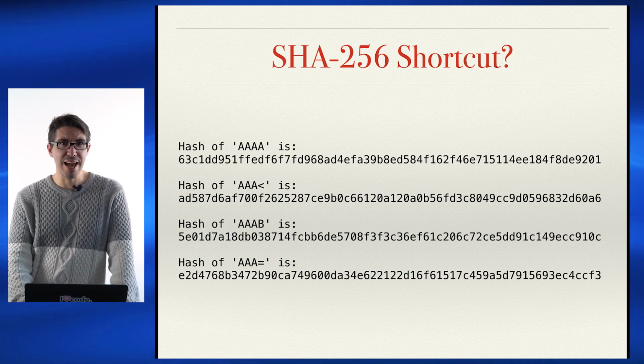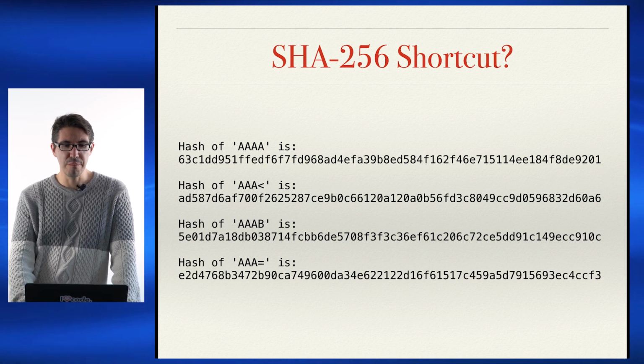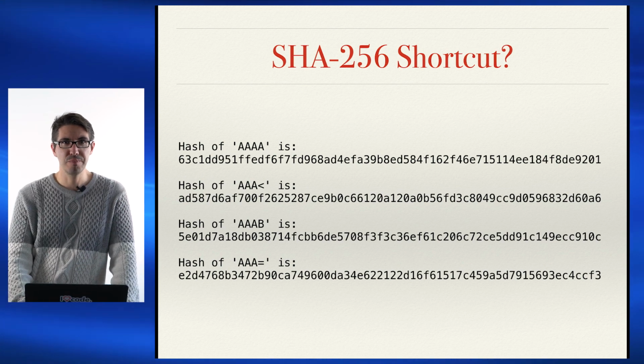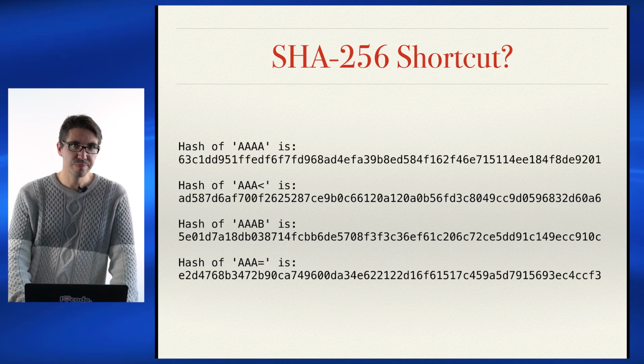Even going from AAA to AAAB gives you a large amount of modification in the output data here. So on average, a perfect hash function would modify approximately 50% of all the bits in the output based on every bit that has been changed in the input.